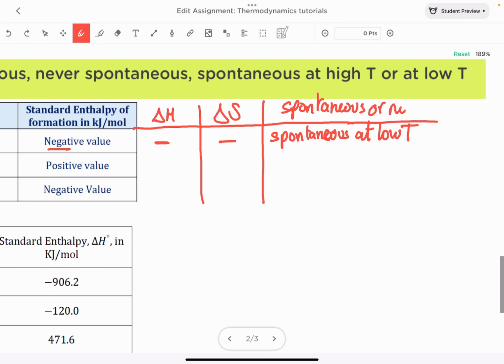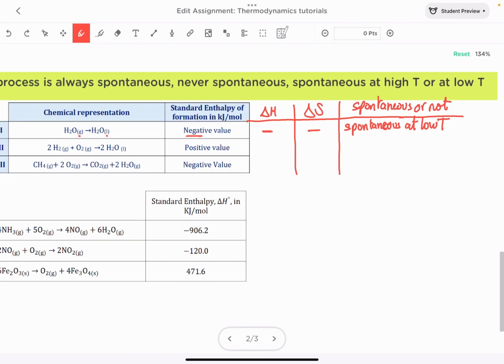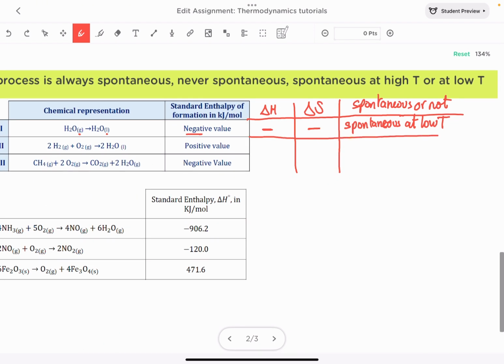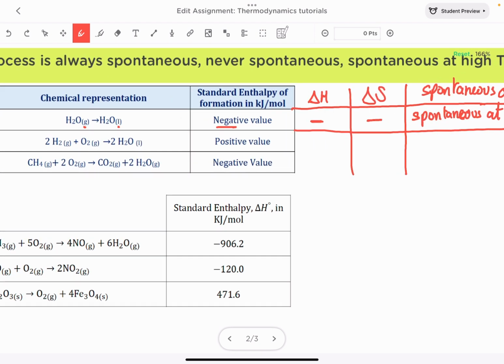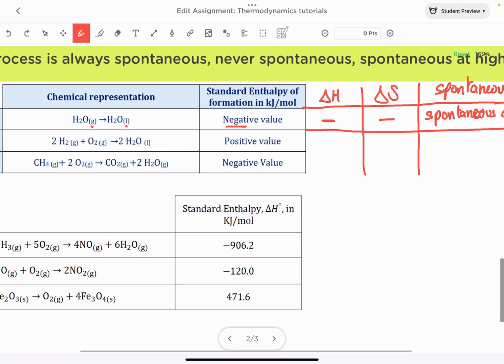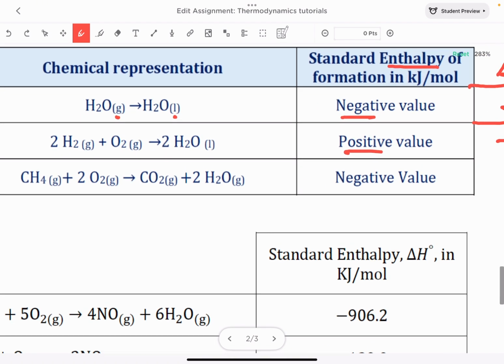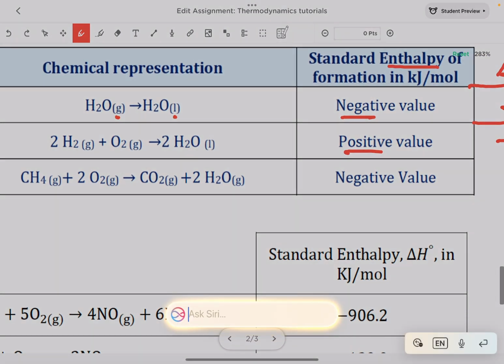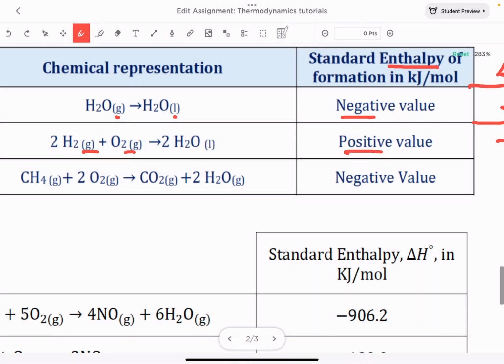So here, spontaneous or not. Now let's look at the other example. This one, they are informing me that this reaction is endothermic, having enthalpy positive. Now let's look at entropy. I have a system that was in gas turned to liquid. Entropy decreased. Also, I had 3 moles reacting.